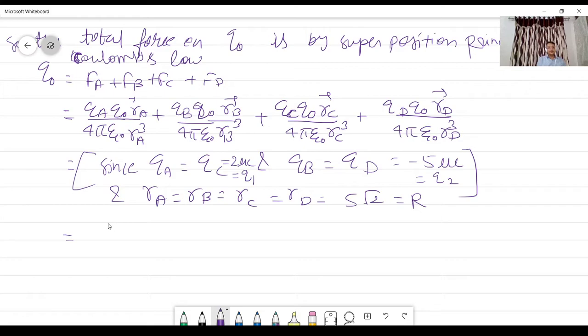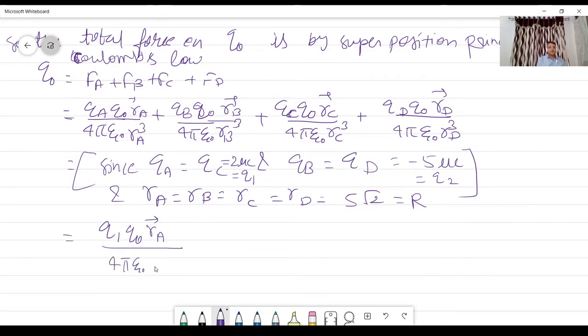Instead of QA I'll be writing Q1, and Q naught as it is. I'm just considering the magnitude, which won't change, because I cannot change the vector direction here. I'm not saying the vectors are equal, the magnitudes are equal.